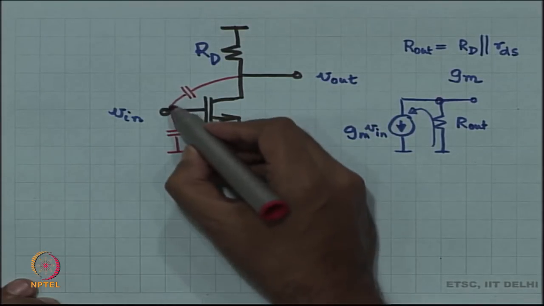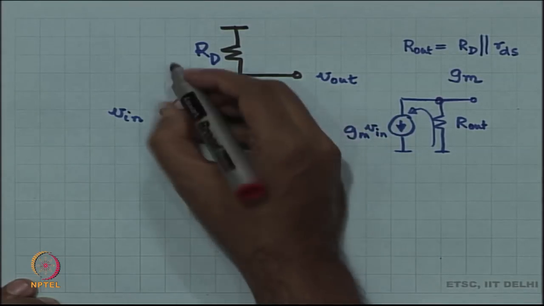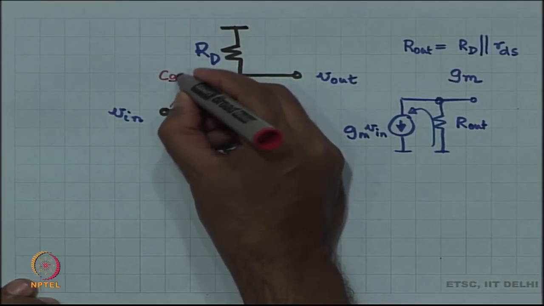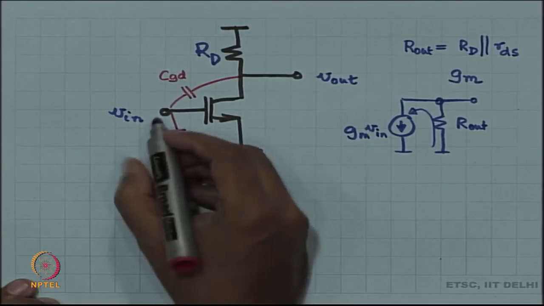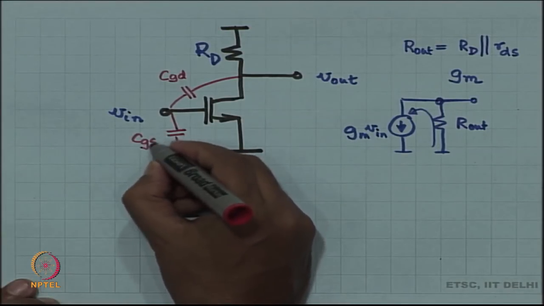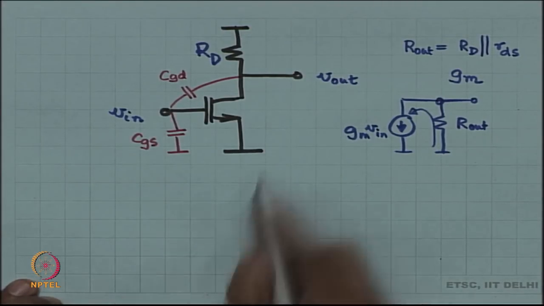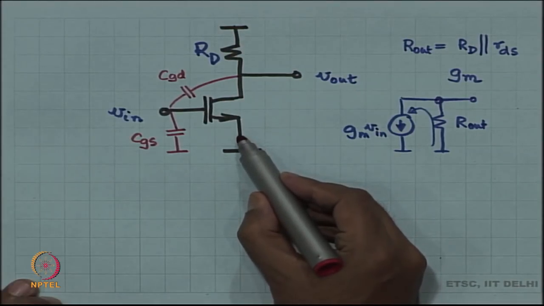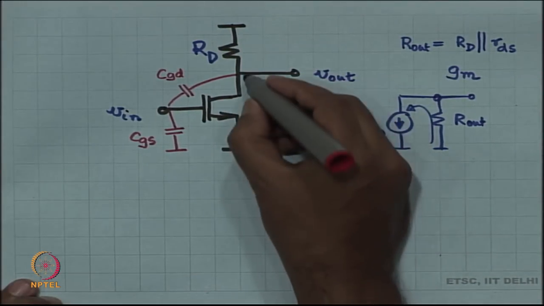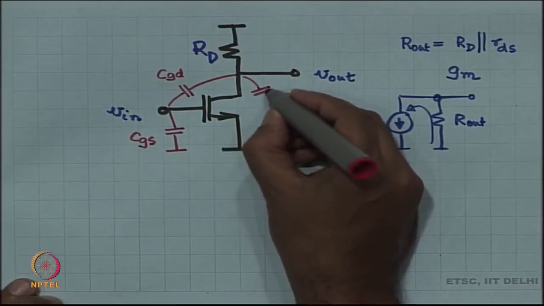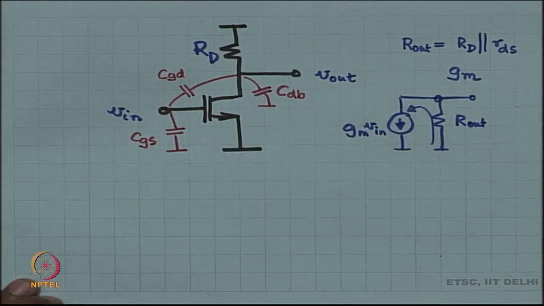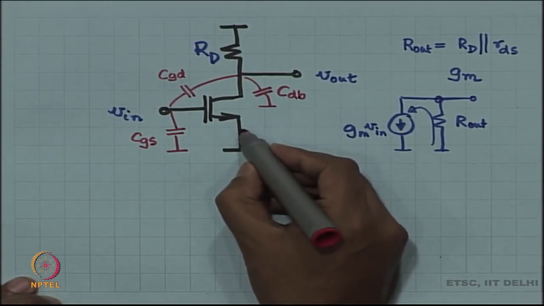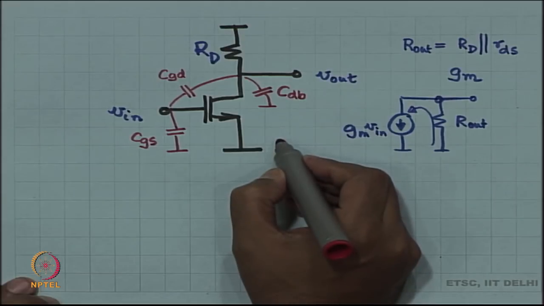So, first of all, I have got CGD between the gate and the drain. I have got CGS between the gate and the source. I have got C drain to body, and body is at ground, and I have got C source to body, source is at ground, body is at ground.